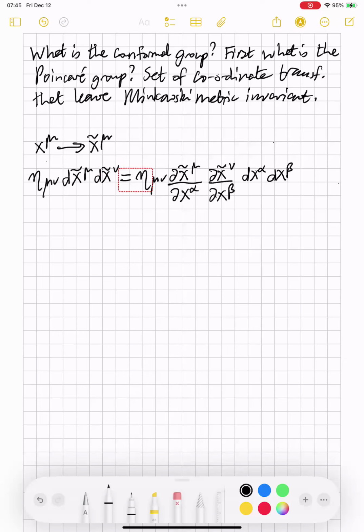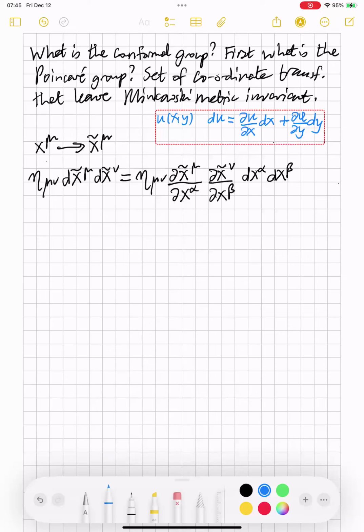We have done nothing here. We're just using the normal rules that you know for partial derivatives. So for example, if you had a function u, which is a function of x and y, and you want to calculate the variation of u, du, well, this will be equal to du/dx dx plus du/dy dy.